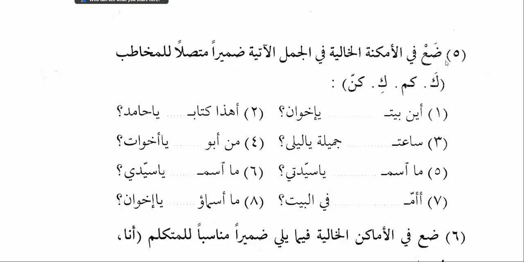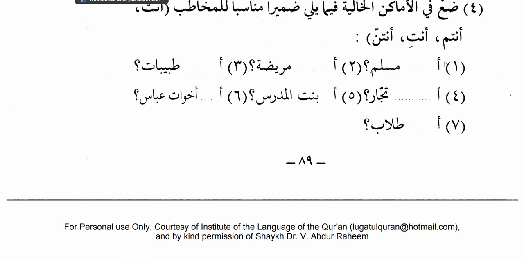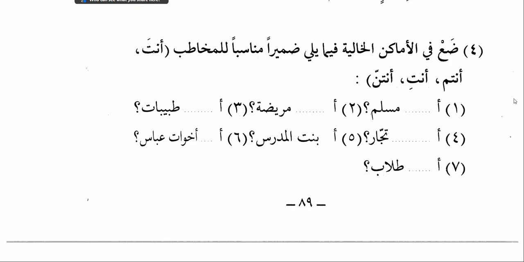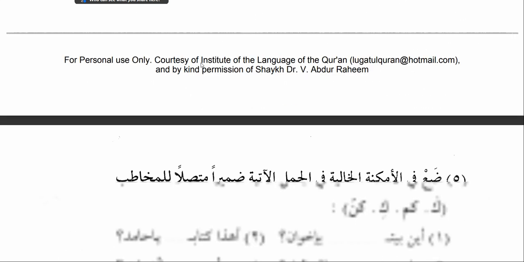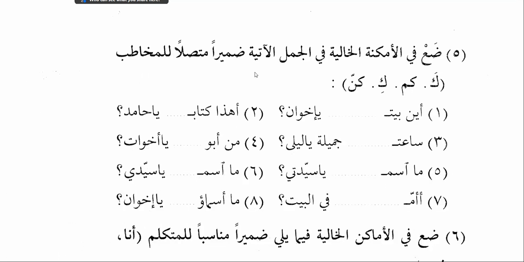Let's do this. Question number 5. Now here in this question we did anta, antum, anti, antunna for the second person pronoun. Now we will do the same pronouns but when they are attached with a noun. How do we know it is attached with a noun? By seeing ka, kum, ki and kunna.